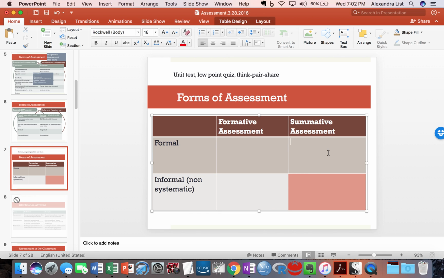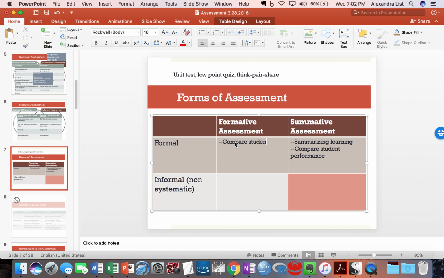So when I'm talking about summative assessment, of course, I'm talking about summarizing learning, so thinking about how well my students learned a pretty big chunk of information. Summative assessment, because it's formal, because it's giving me data on all of my students, also allows me to compare student performance. And that's true of formal formative assessment as well.